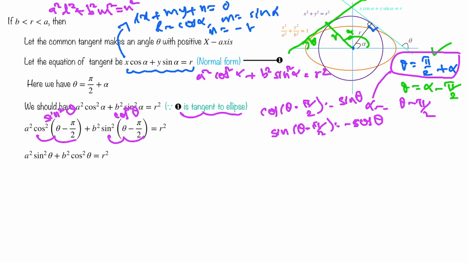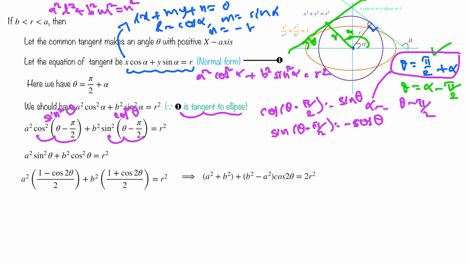Now let me replace sin square theta with 1 minus cos 2 theta by 2, and cos square theta with 1 plus cos 2 theta by 2. Now this thing gets simplified to a square plus b square minus a square times cos 2 theta equal to 2r square. Feel free to verify this. Now next we can write cos 2 theta equal to a square plus b square minus 2r square by a square minus b square.